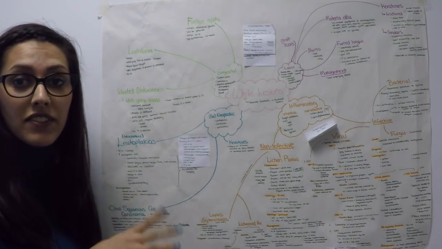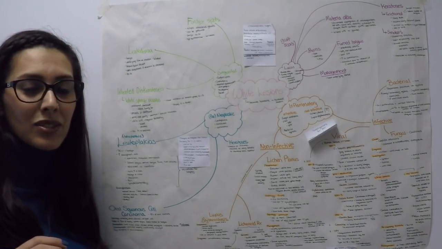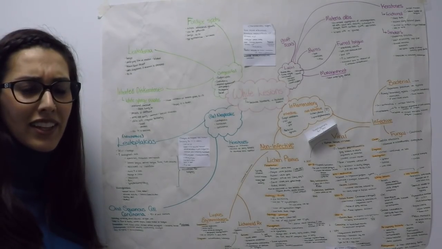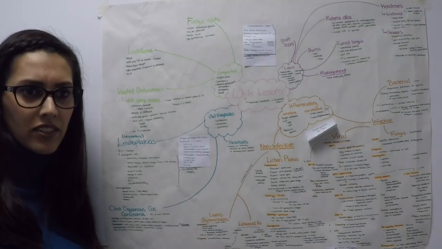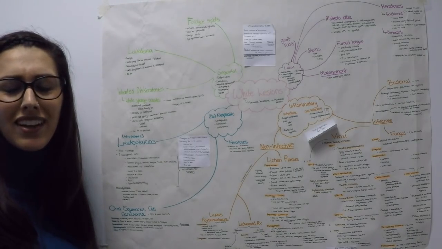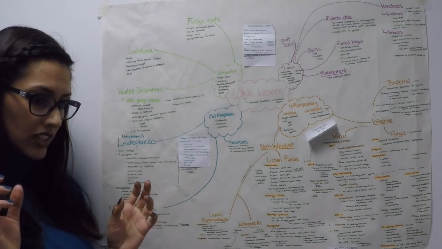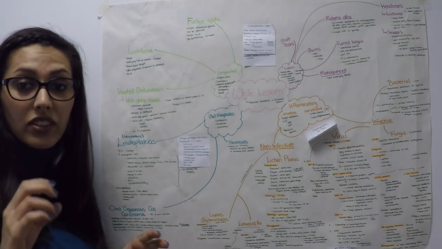Most of these are benign, so 70% are benign. However, there are certain factors that will make you think, oh, it could be precancerous, and this is all risk factor assessment. So look at the patient's history, their smoking, alcohol, tobacco use, and then you look at the actual clinical presentation.